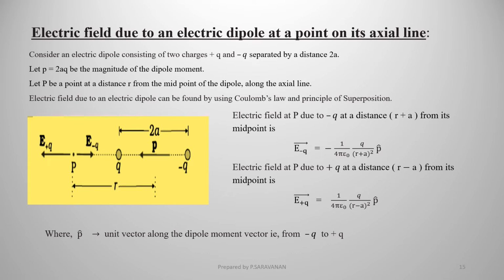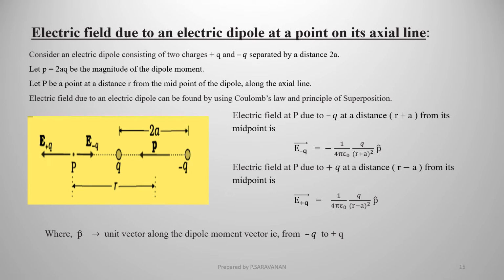One is due to the negative charge minus q and the other one is due to the positive charge plus q. By the principle of superposition, the net electric field must be equal to the vector sum of these two fields. Okay students, now let us get into the derivation.